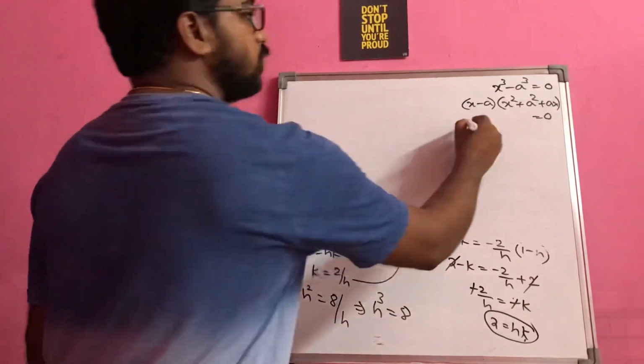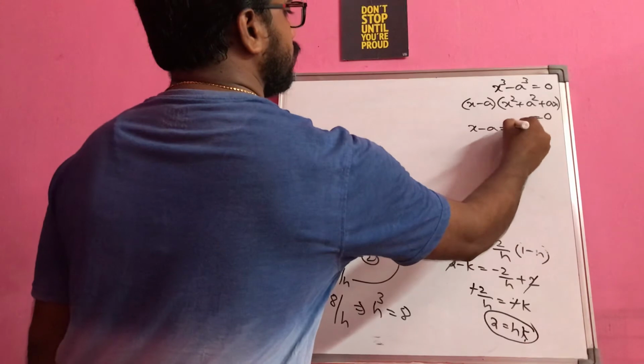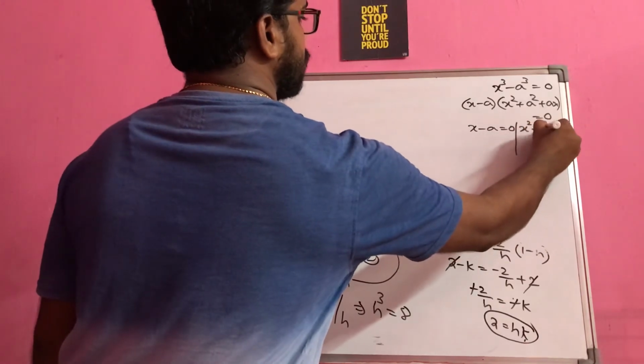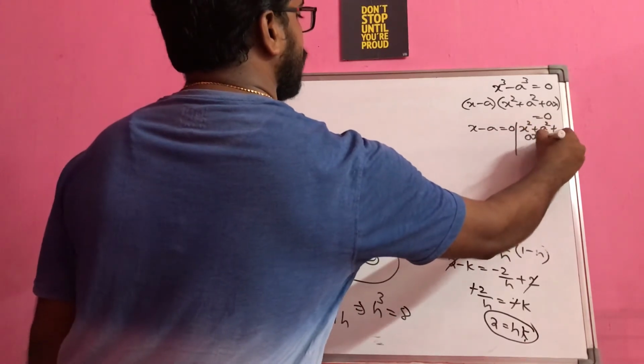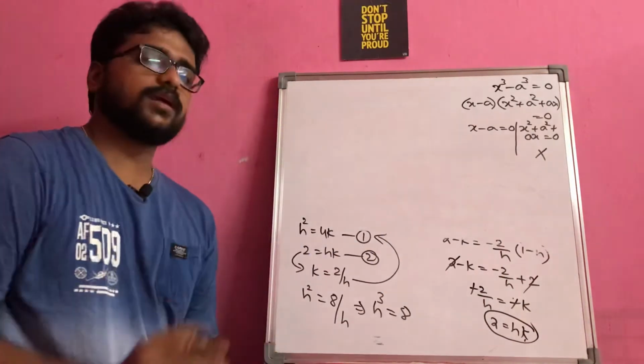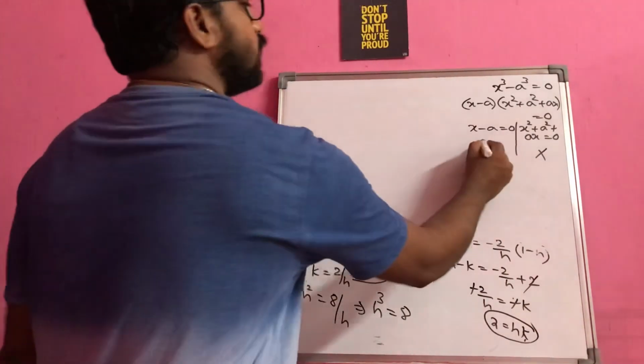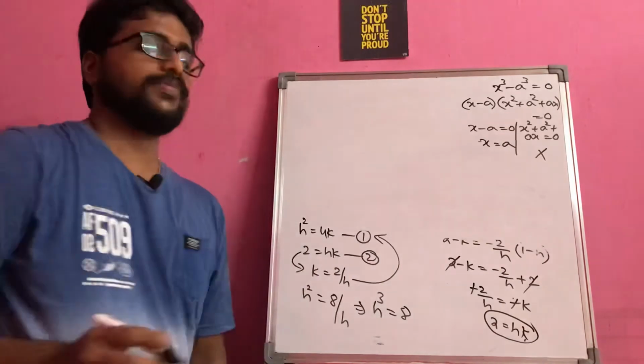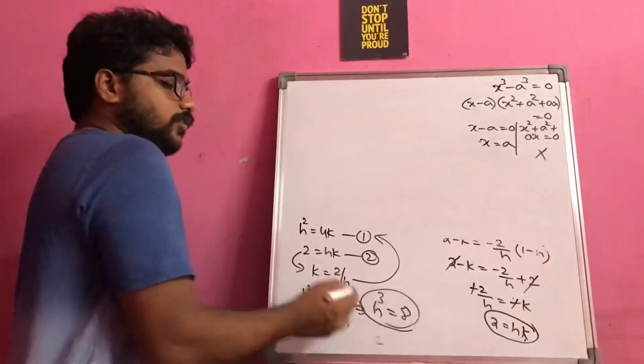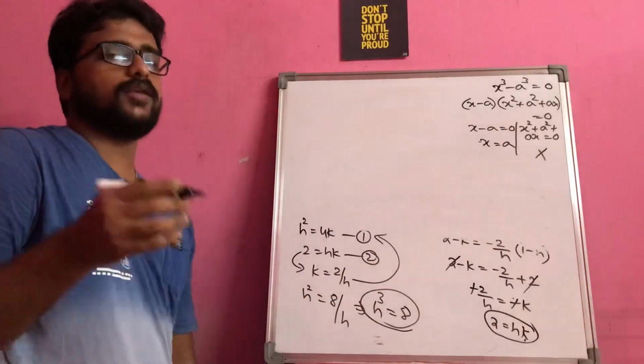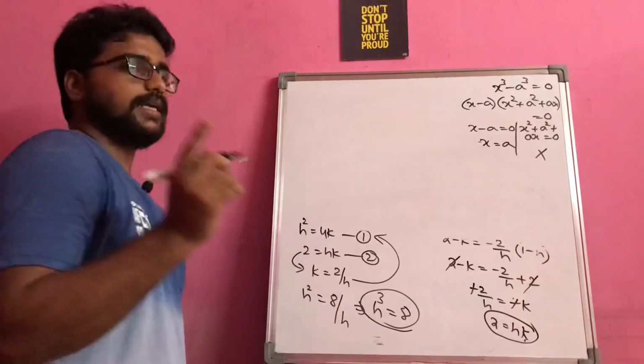Product of two numbers being 0 means an individual number should be equal to 0. Either x minus a is 0, or x square plus a square plus ax is equal to 0. This cannot happen because all the numbers are positive. So the only chance is x is equal to a.